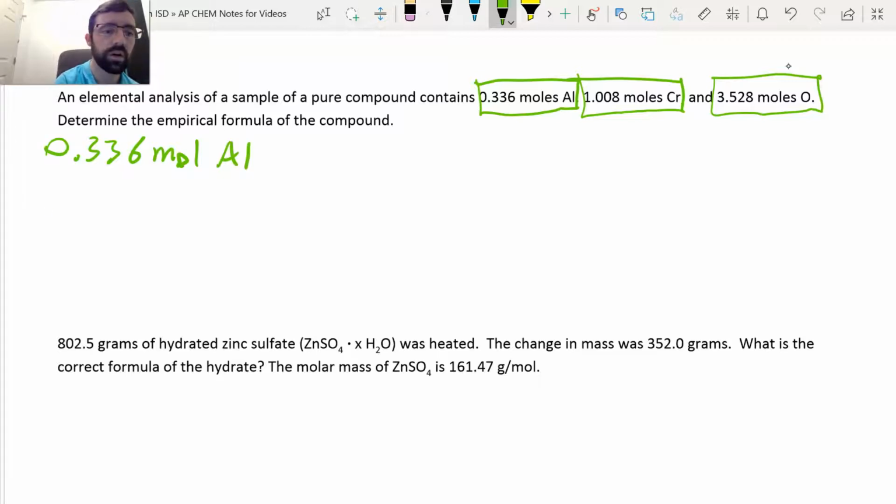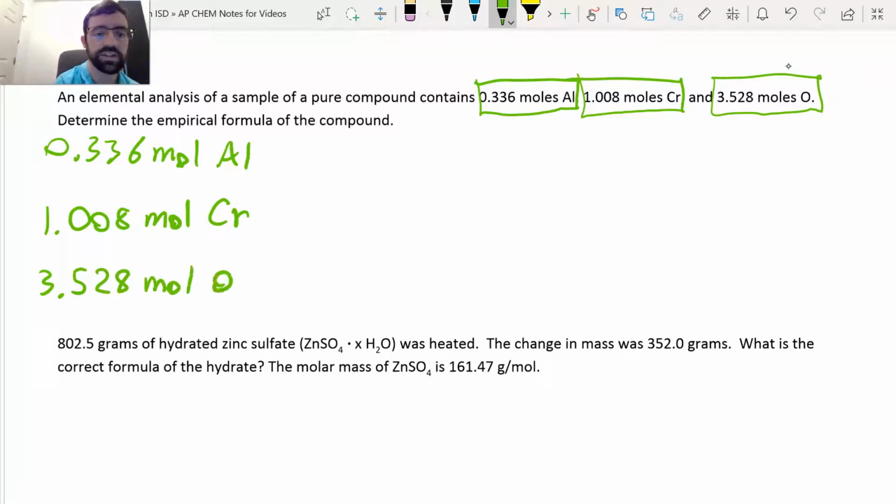And then I have 1.008 moles of Cr. And then I have 3.528 moles of oxygen.